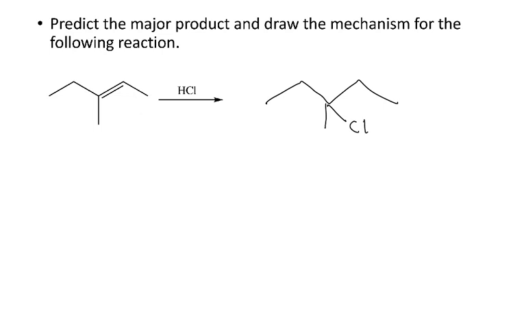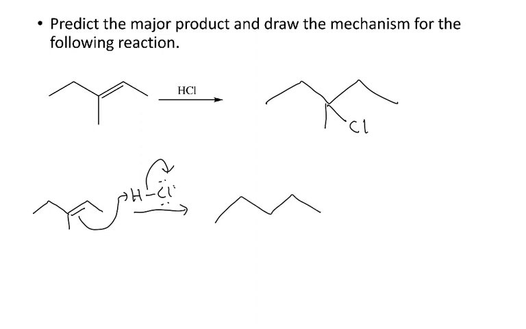All right, and if they want us to draw the mechanism, let me redraw our starting molecule. So when we add HCl, the pi bond will attack the hydrogen. The bonding electrons will move on to the chlorine as a lone pair. And so the hydrogen is going to go here.